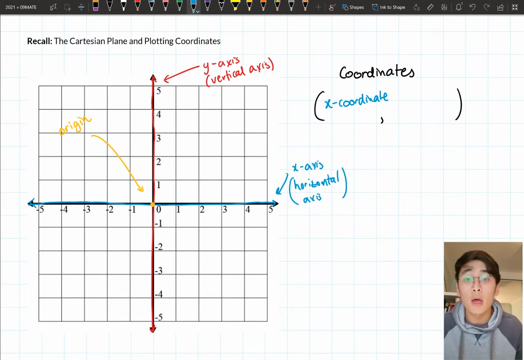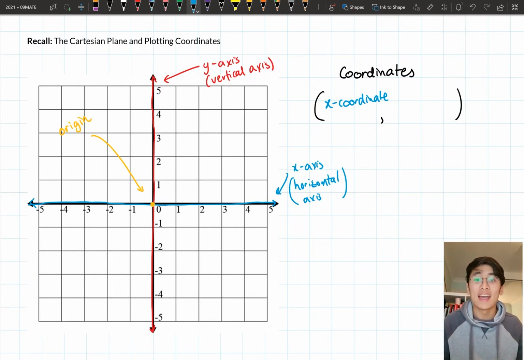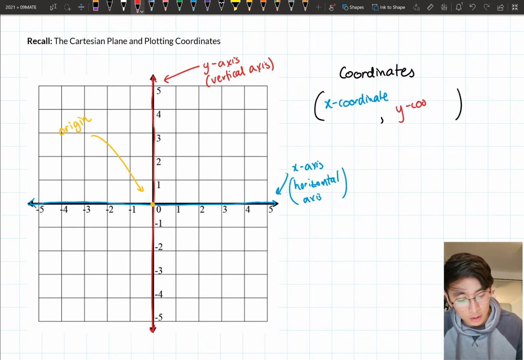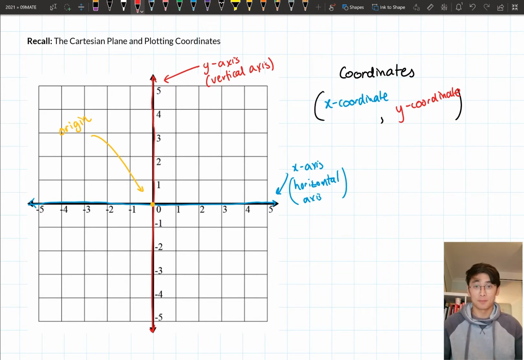This tells us where we are on the horizontal plane. So the first number in your coordinate is your x coordinate. And hopefully you've noticed the pattern. The second number that we're going to involve is our y coordinate. This is where you are vertically going up and down. And so when we combine these two, we can tell anyone the position on the Cartesian plane.